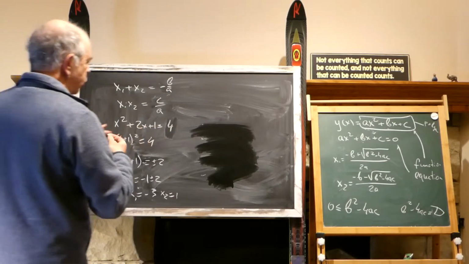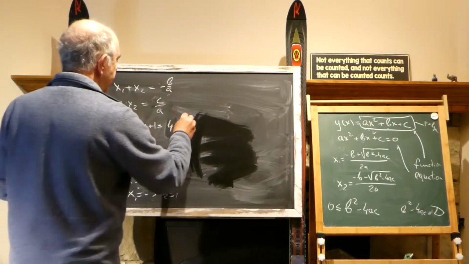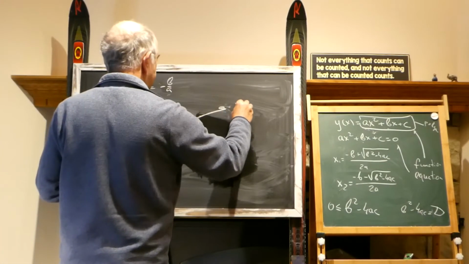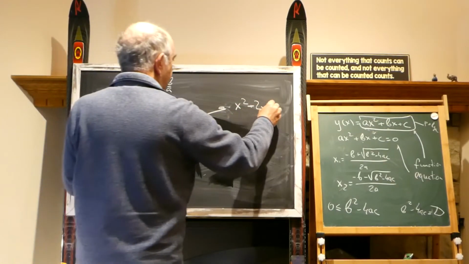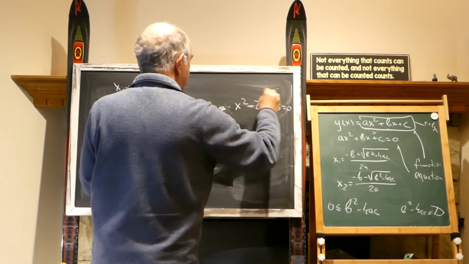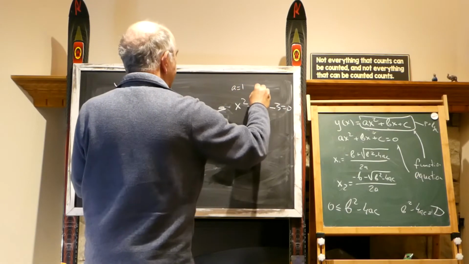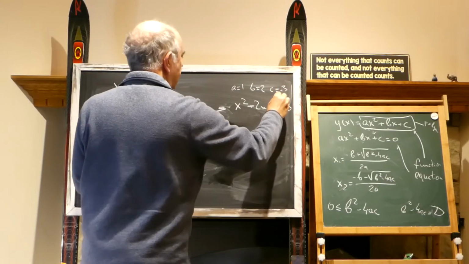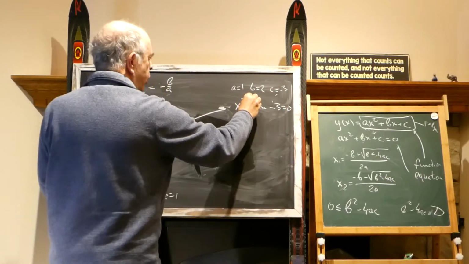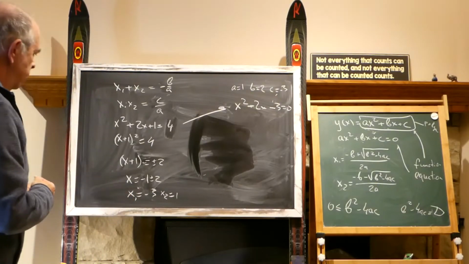And now let's put this in the canonic form. So this would be all on one side, plus 2x minus 3 equals 0. So a equal 1, b equal 2, and c equal minus 3, right?